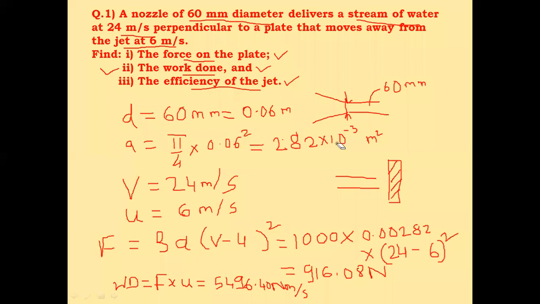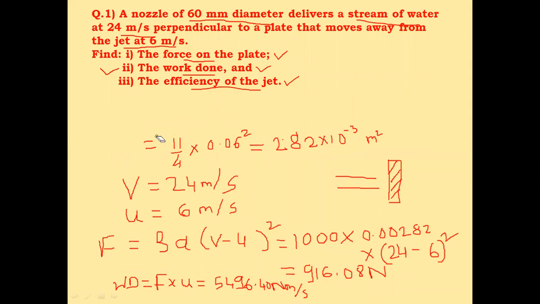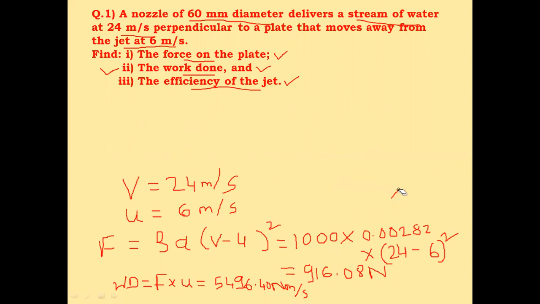And third, we have to find out the efficiency of the jet. How do we find out the efficiency of the jet? Efficiency eta is equal to output upon input.